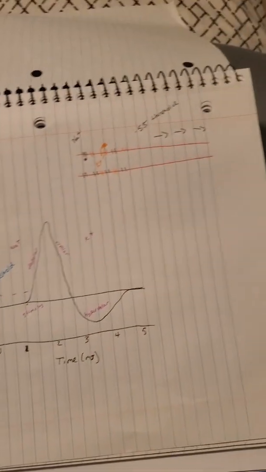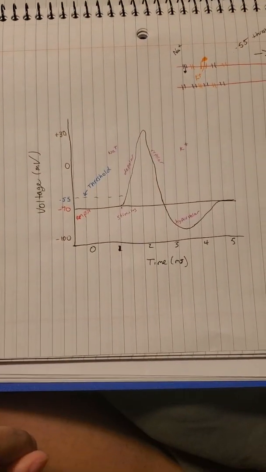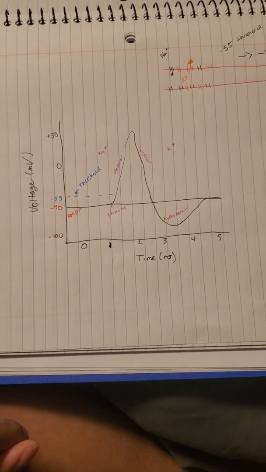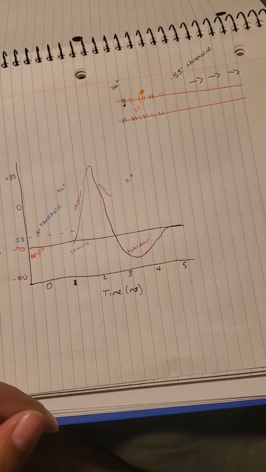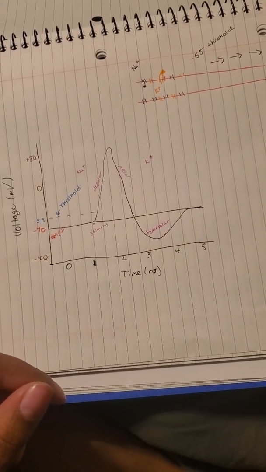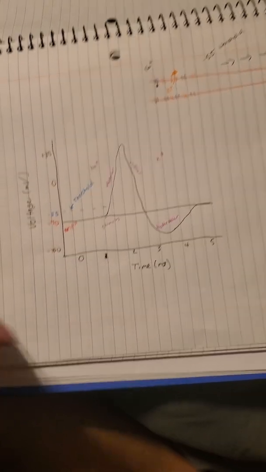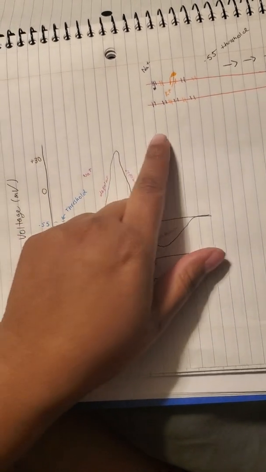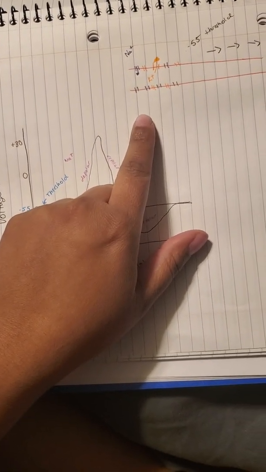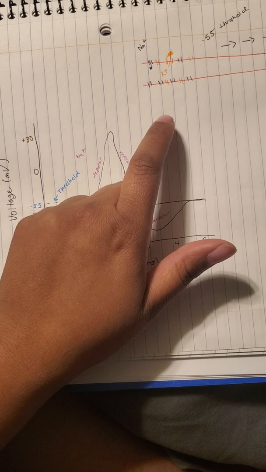So moving on. Threshold, as I was saying before, is -55 millivolts, and once threshold is reached, it'll open up voltage gated channels down the axon, and the action potential would then be propagated.